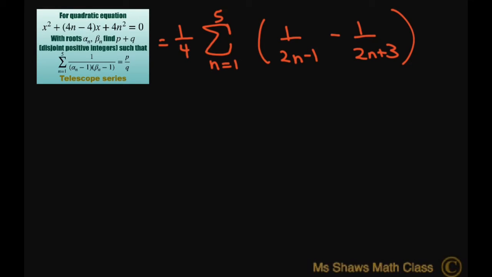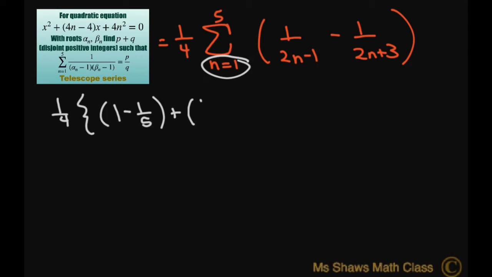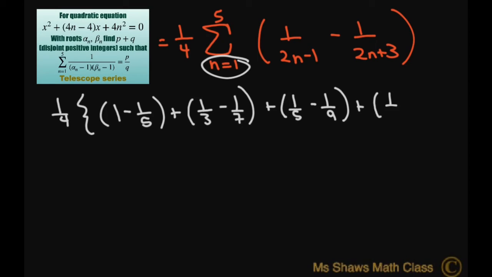So for n equals 1, we have our 1/4, and we'll get 1 minus 1/5. For n equals 2, we're going to get 1/3 minus 1/7. For n equals 3, we're going to get plus 1/5 minus 1/9. For n equals 4, we're going to get 1/7 minus 1/11.